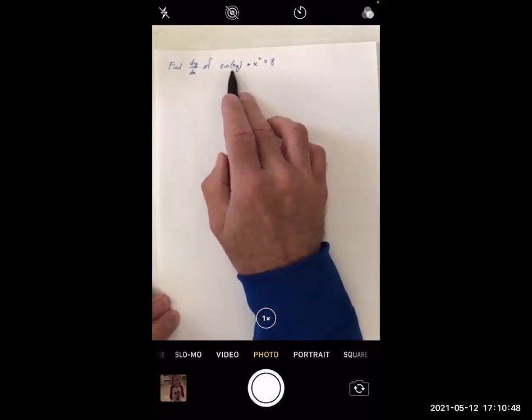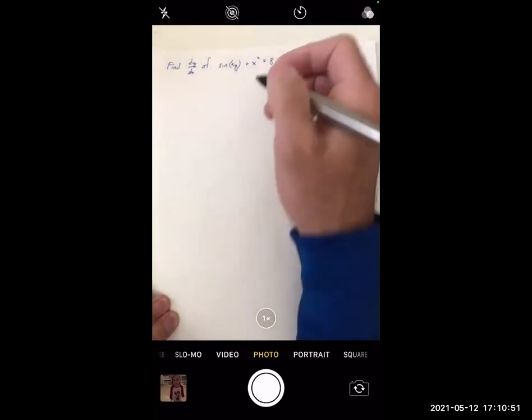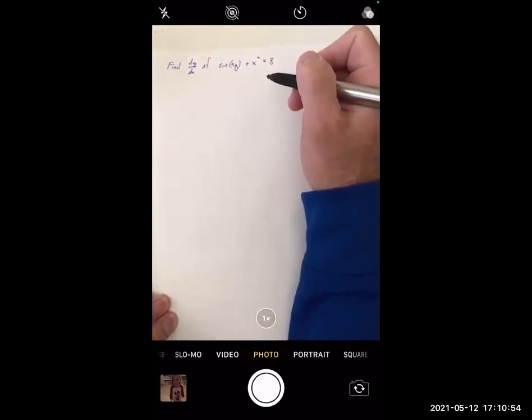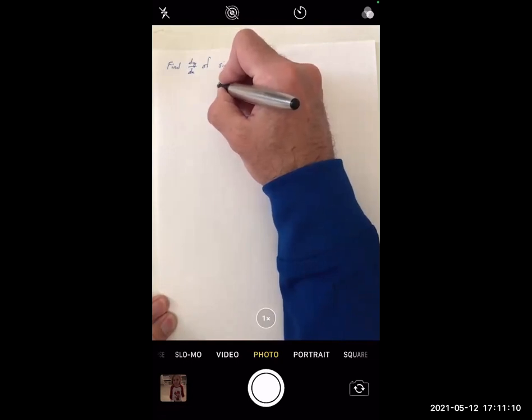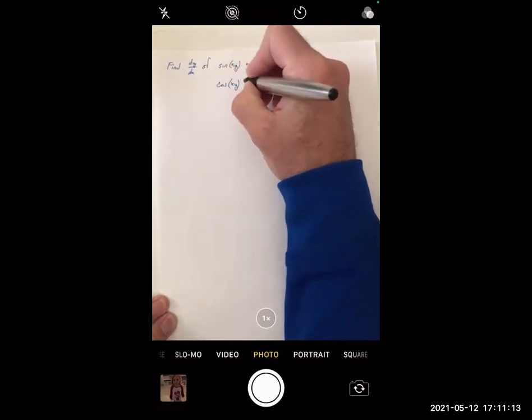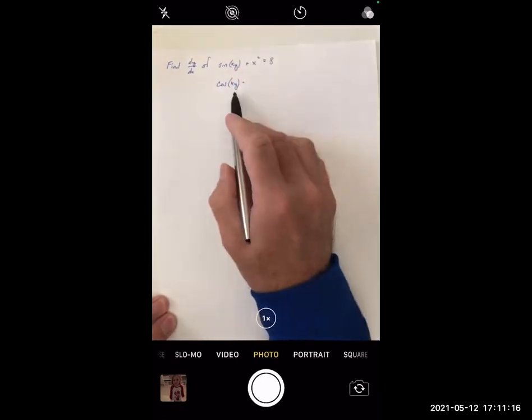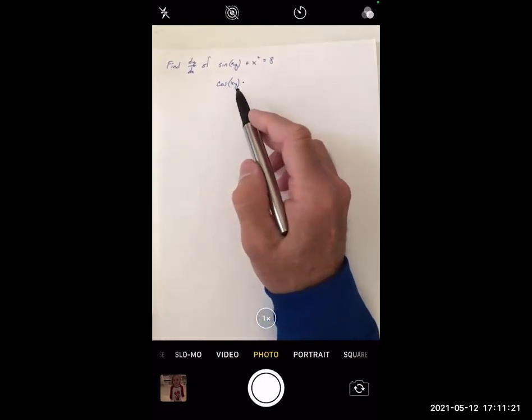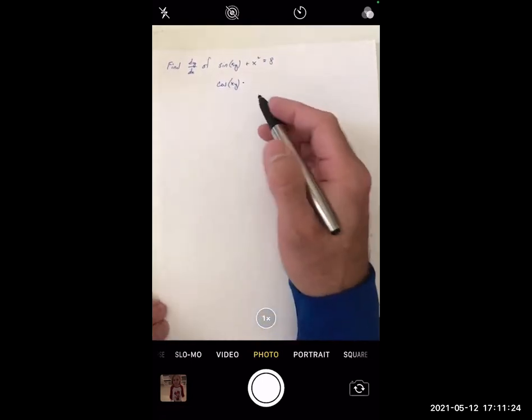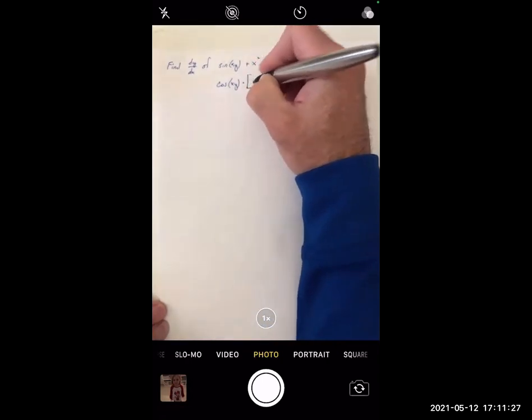So what's the derivative of sine? Cosine. And then the angle stays the same. And then we're going to multiply this entire little function by the derivative of your angle. And since it's xy, what rule do we have to use?